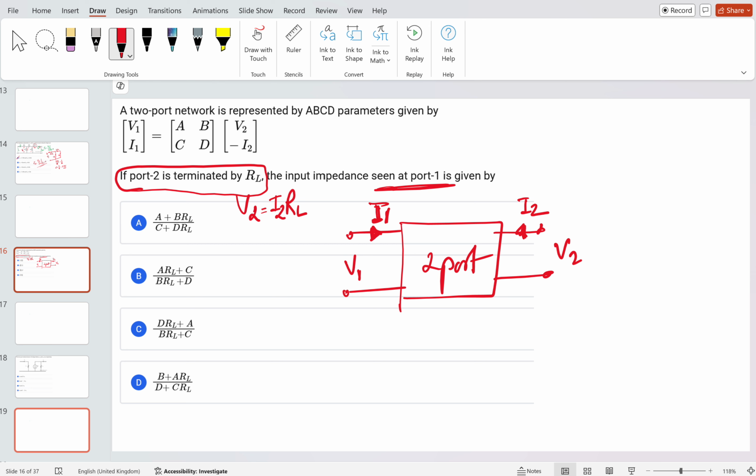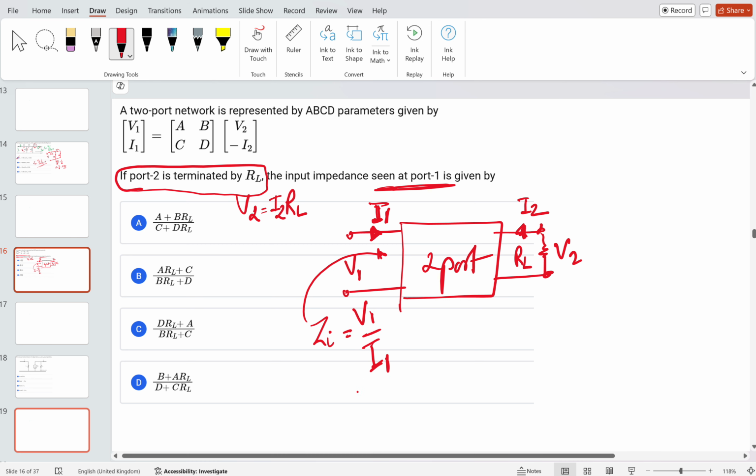So the output side, port 2, is terminated by RL and the input impedance is being asked. So the Thevenin is being asked from the input side. In this case, what is the value of Zi? Zi simply will become V1 by I1. Try to solve.